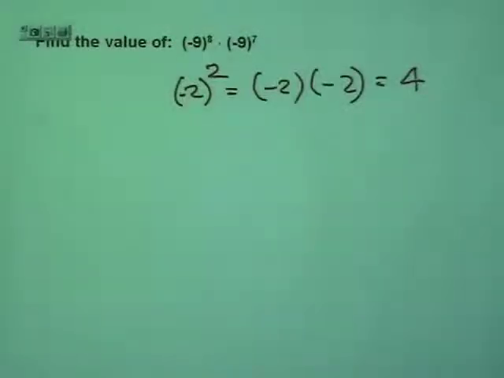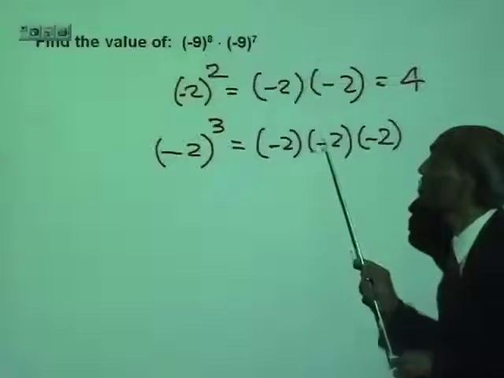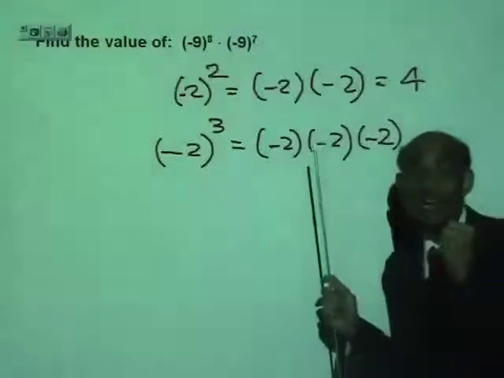On the other hand, what is negative 2 raised to the power of 3? That will be negative 2 multiplied by negative 2 multiplied by negative 2. You are multiplying negative 2 by itself 3 times.